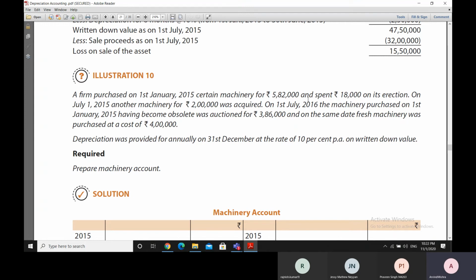So in total we can say 6 lakh rupees is the cost. Now, after this, July 1, 2015 arrives, and on July 1, 2015, another machinery for 2 lakh was acquired.